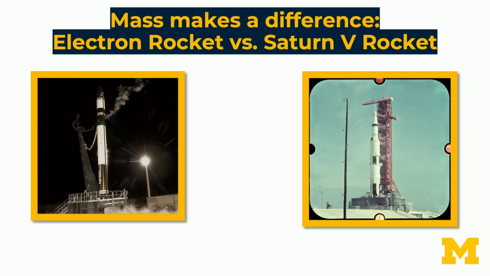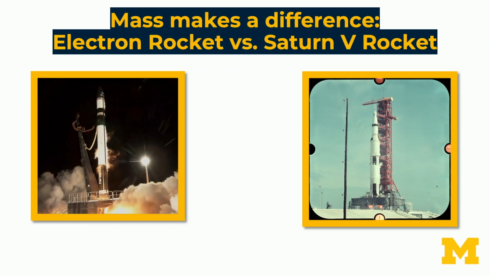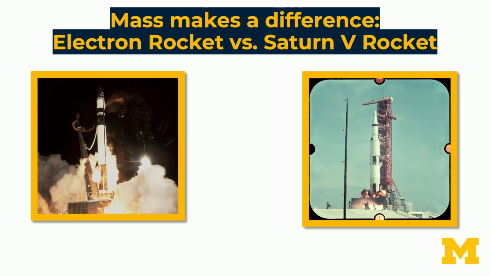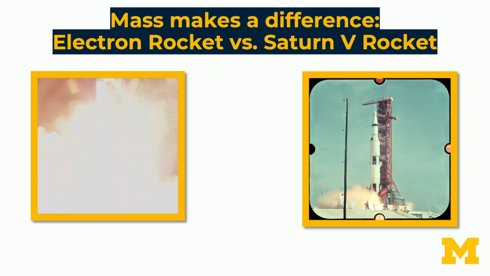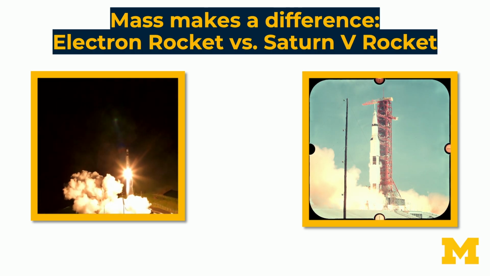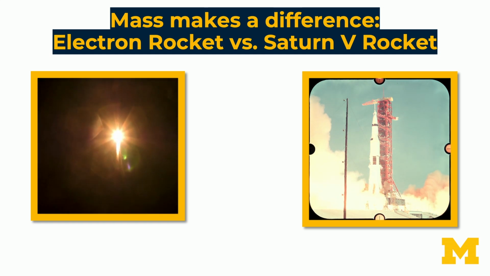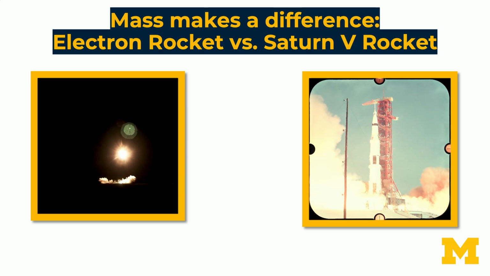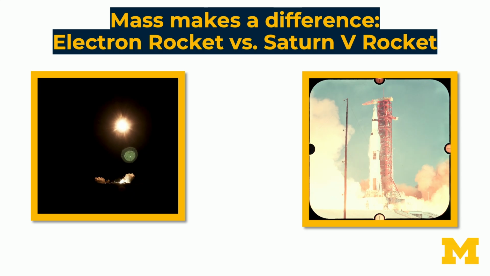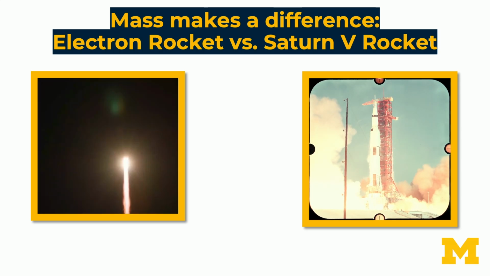What does this have to do with rockets? Well, rockets come in all shapes and sizes, and some rockets are very large, and some rockets are pretty small. The Electron rocket is designed to take things that are about the size of a stove up to orbit.